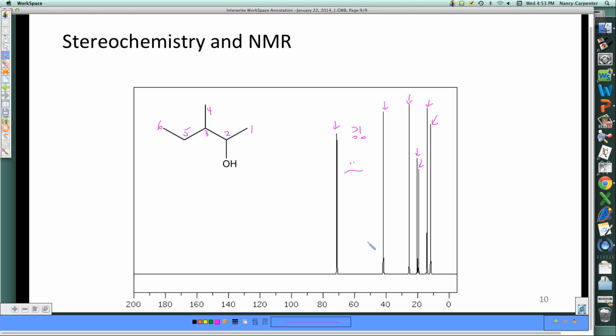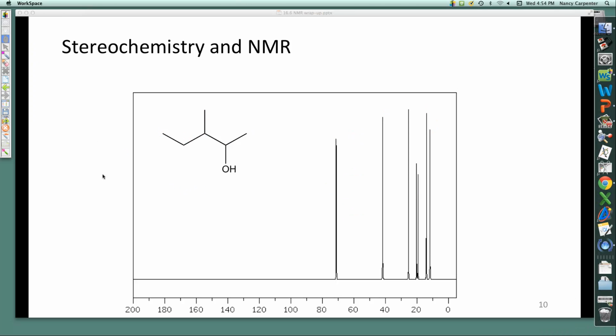What's that all about? This is a C6 compound. How come I'm seeing, oh, you know what this is? That's the solvent, I think. No, it's not the solvent. What the heck? I'm in trouble here. How come I've got too many carbons?